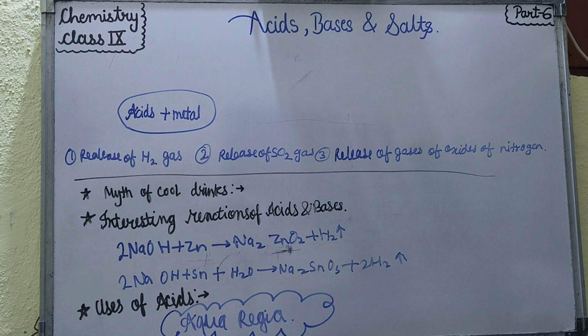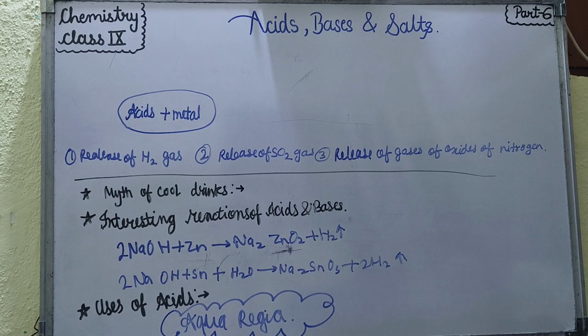This is a mixture of acids called aqua regia. A mixture of 1 volume of concentrated nitric acid and 3 volumes of concentrated hydrochloric acid is called aqua regia. Gold and platinum dissolve in aqua regia during the reaction.